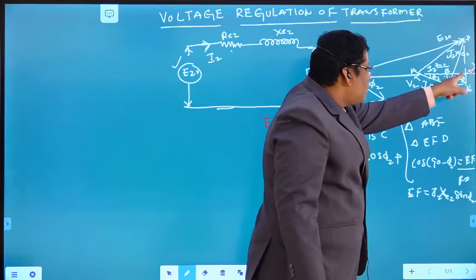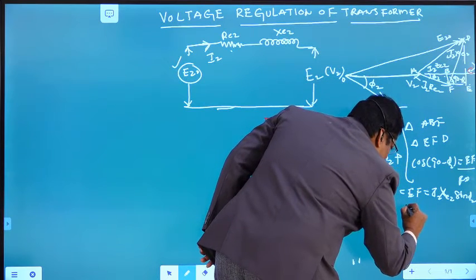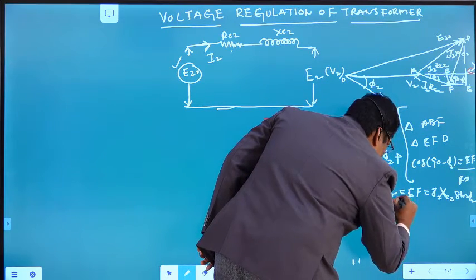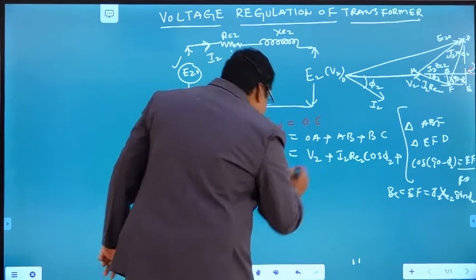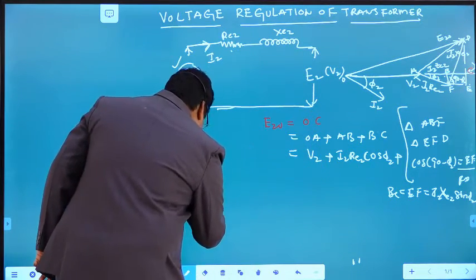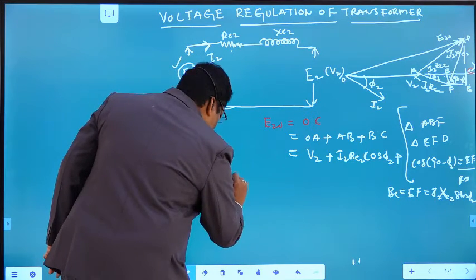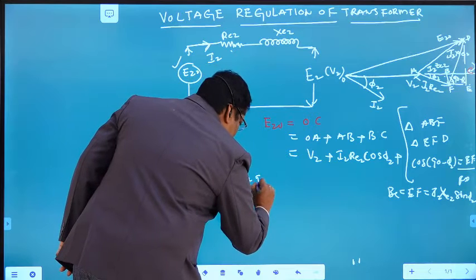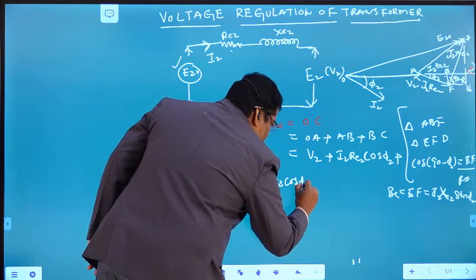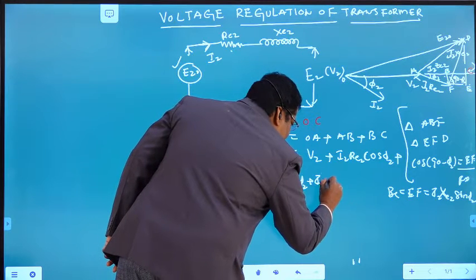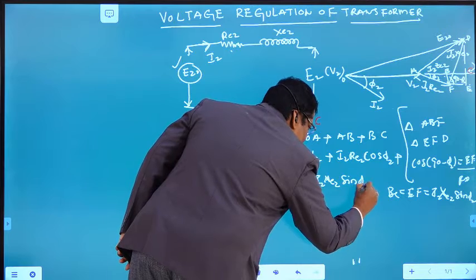This EF equals BC from this rectangle. Now, in place of BC, we substitute this and rewrite the equation: E2 naught equals V2 plus I2 RE2 cos phi2 plus I2 XE2 sin phi2.